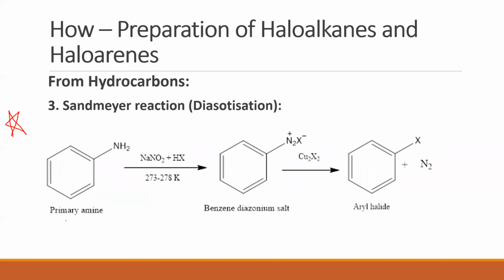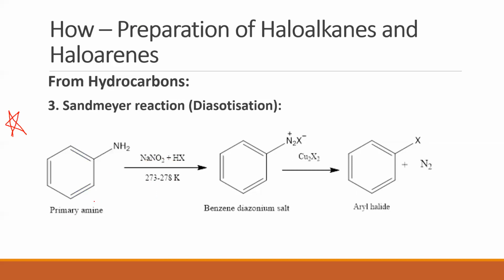We start with a primary amine. To this primary amine, I add NaNO2 and HCl at 273 to 278 Kelvin, which is nothing but 0 degrees to 5 degrees Celsius. So we take a primary amine, react it with NaNO2 and HX.